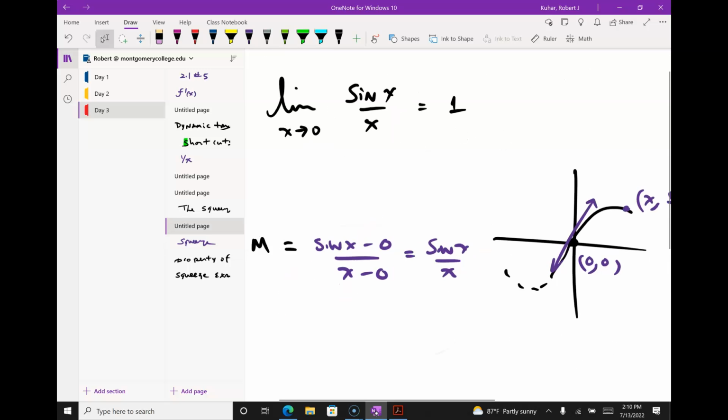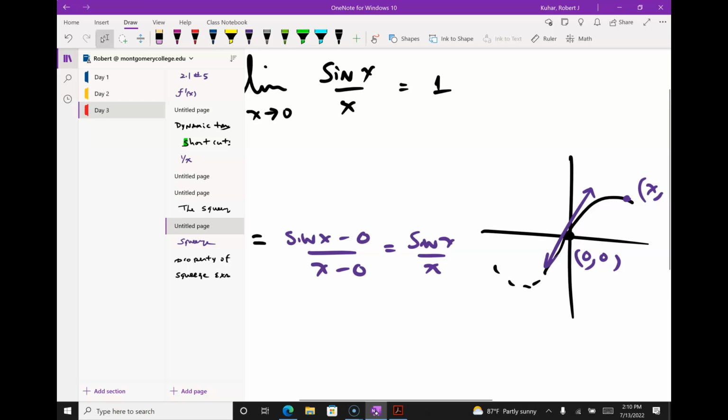Here, sine of x minus 0 over x minus 0 is sine of x over x. So what I'm doing is creating that secant line.